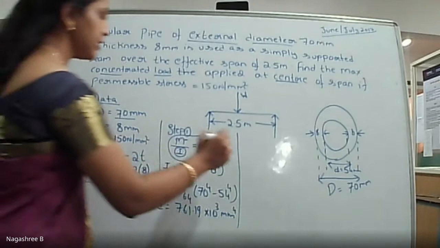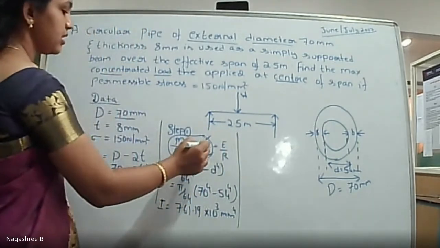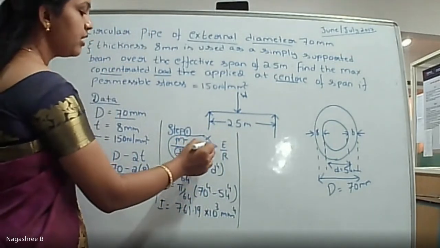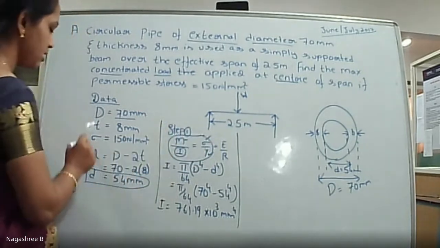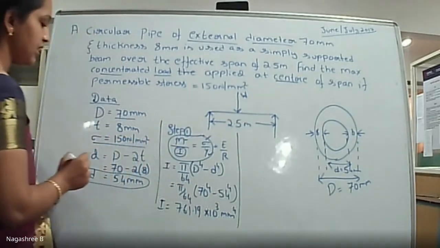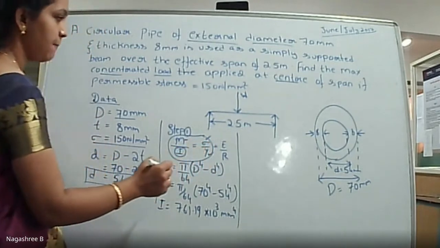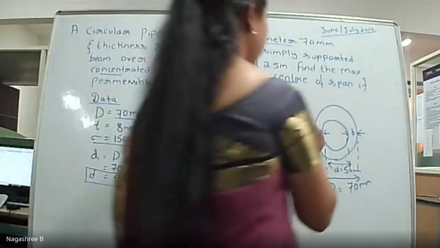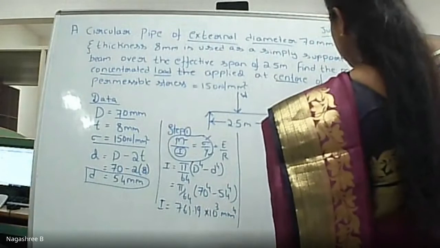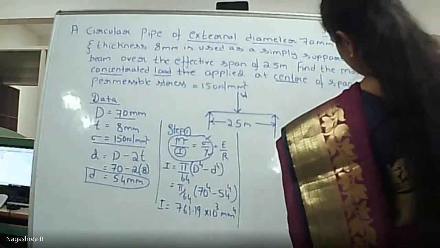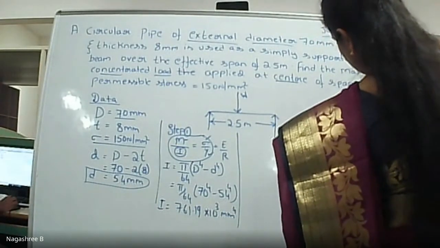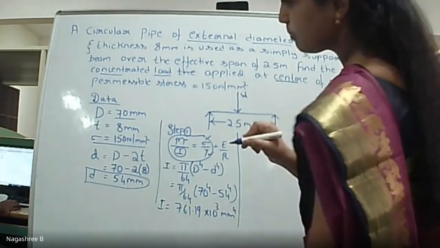So after getting the value of I, the next important thing is the value of sigma. They have given it in the question itself, and we need to determine the value of y. So y here is nothing but the distance from the centroidal axis to any of the layers, either topmost or bottommost.